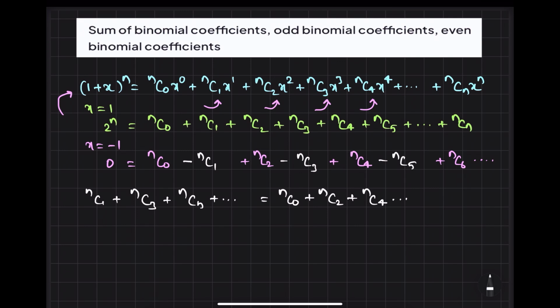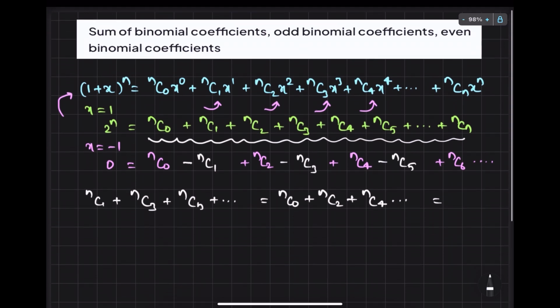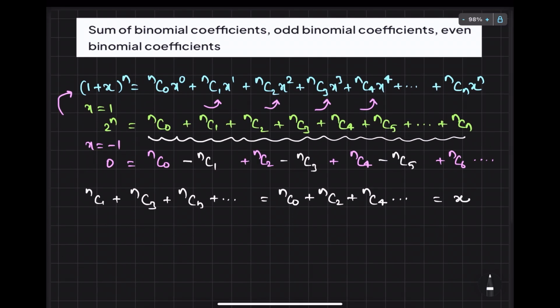So can I say that the sum of even lower subscripts and the sum of odd lower subscripts are equal? Correct? So look at this. This is the combination of the sum of even lower subscripts as well as the sum of odd lower subscripts, and you know that the sum is 2^n. So can I assume that the sum of even lower subscripts is equal to the sum of odd lower subscripts and it is equal to x?